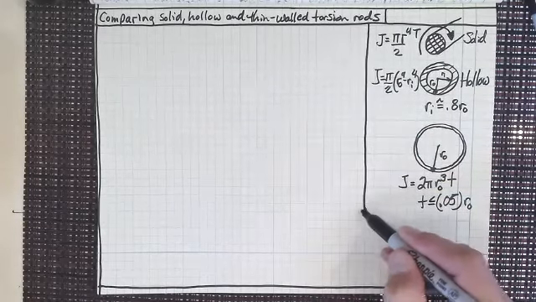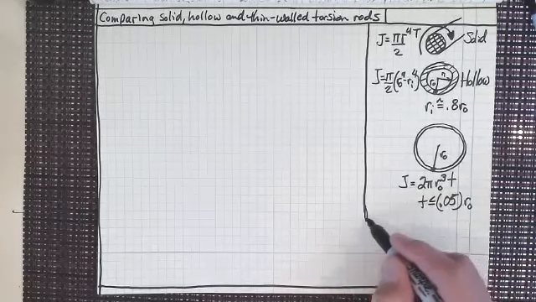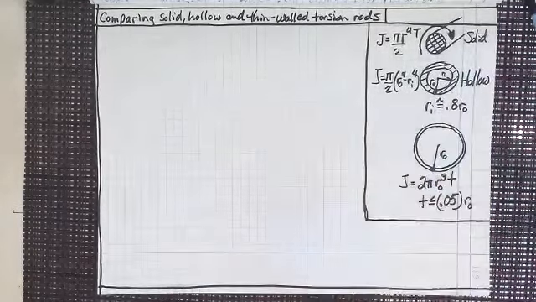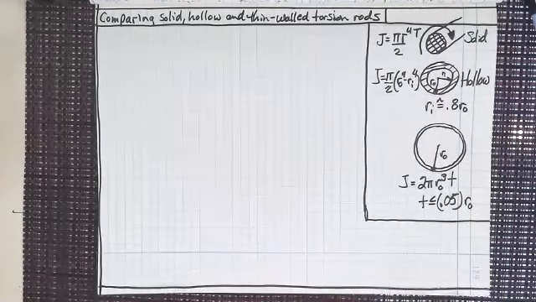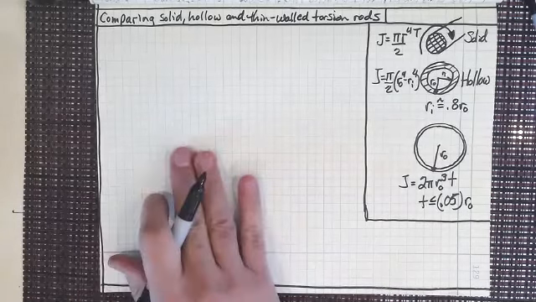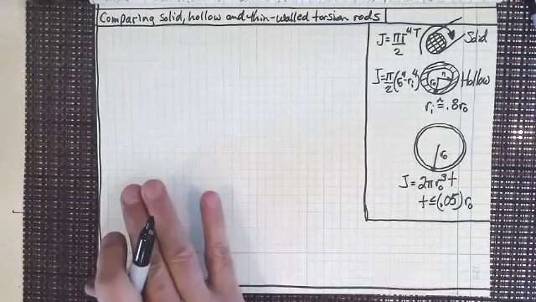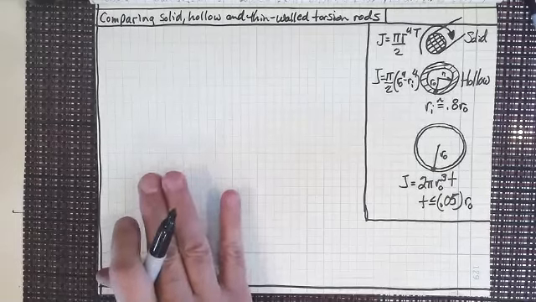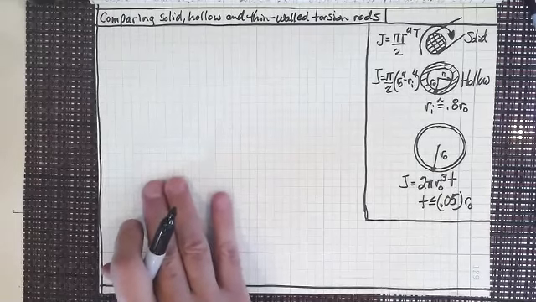And really, if you think about it, nobody's going to make a torsion rod that's rectangular. So we're talking about basically the 3 different types of torsion rods that you're ever going to come into contact with in your life, and how the cross-sectional areas compare for the same torque being applied to them.